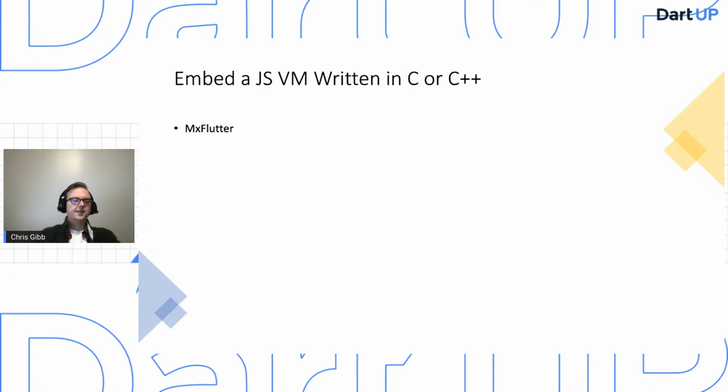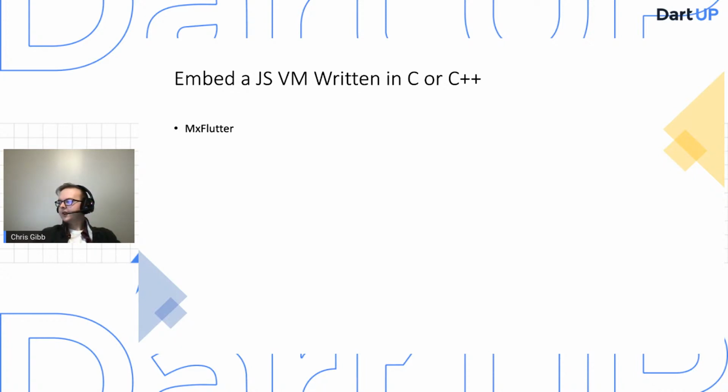MX Flutter uses either JavaScriptCore on iOS or V8 on Android, and it provides bindings for a large number of Flutter classes and functions. It enables developers to write Flutter content in JavaScript and integrate it into the widget tree.